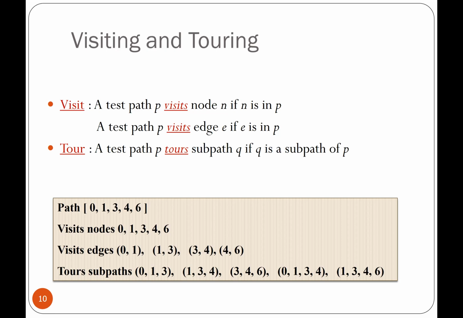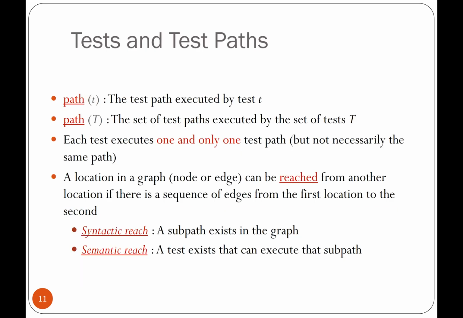If you have a path 0, 1, 3, 4, 6, that visits nodes 3, 4, and 6, and so on. Even the edges are the same. But if we're talking about a little subpath, like say 0, 1, 3, which is part of the path 0, 1, 3, 4, 6, then this is called a tour of the subpath. All right.